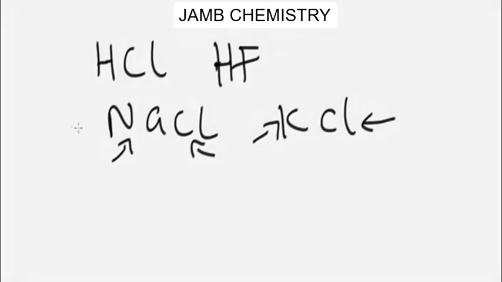Now just note that in the trend for reactivity of nonmetals, after fluorine, the most reactive nonmetal, you will see chlorine. Fluorine is more reactive than chlorine, and chlorine is more reactive than bromine.